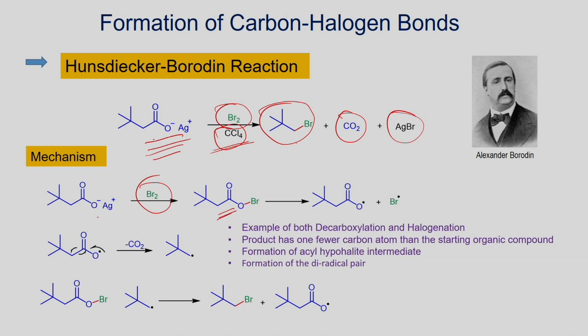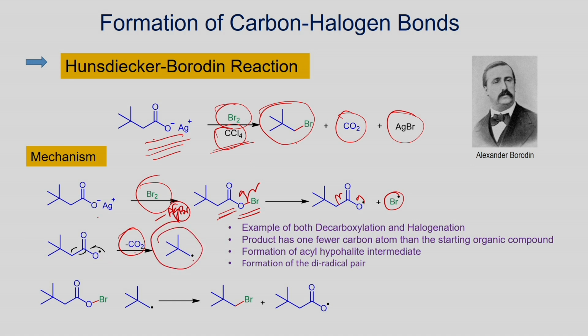You form the silver bromide plus this. Once you form this one, it can undergo cleavage, and you will form this radical and Br dot. Once you form this radical, it can lose carbon dioxide, a neutral molecule, and you form the alkyl radical. This undergoes decarboxylation to give this alkyl radical.